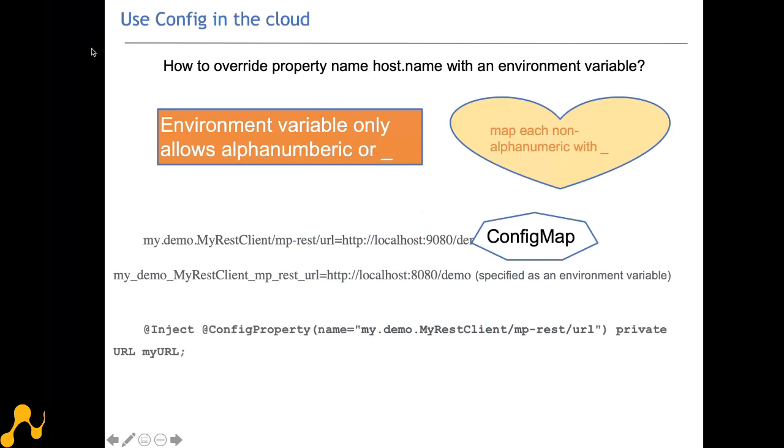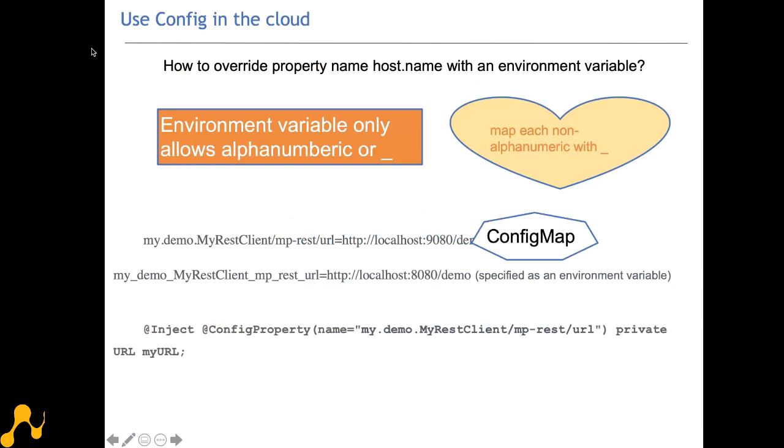Most architectures are based on Kubernetes. In Kubernetes, you will know there's a config map, and a very common scenario is a config map directly mapped to environment variables. In this case, all the config map properties mapped to environment variables can override the config properties in your application.